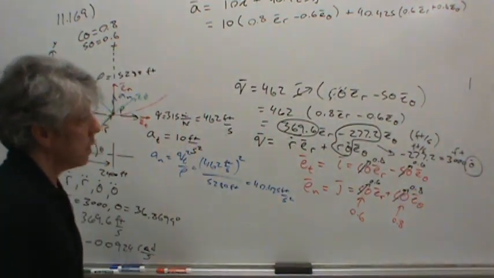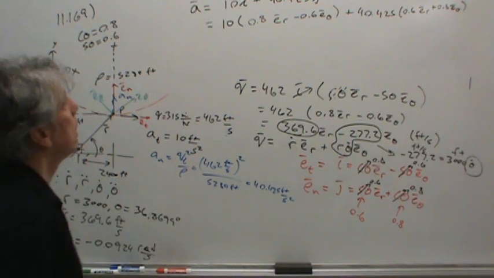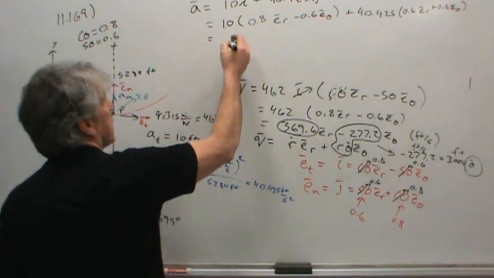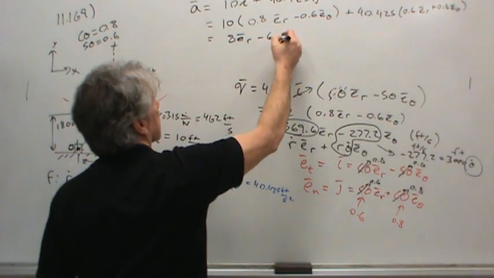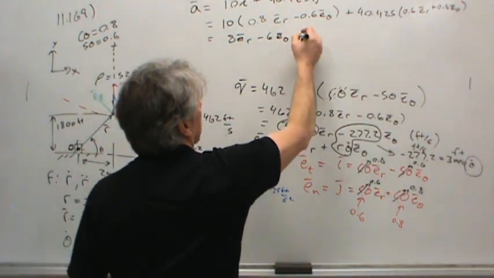Okay? This math is easy. 8 ER minus 6 E theta.